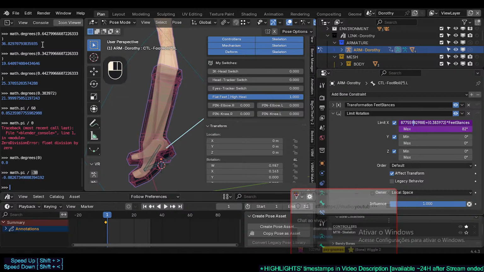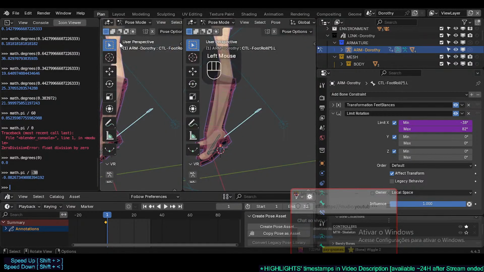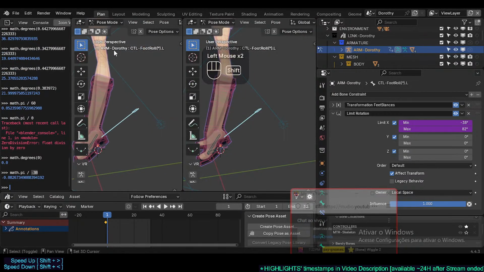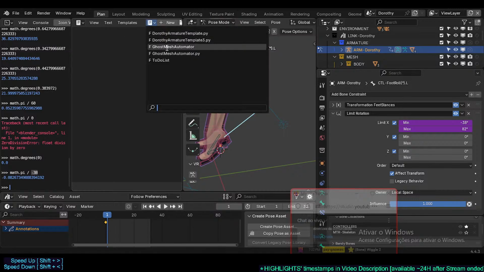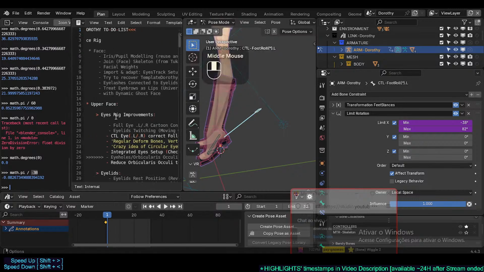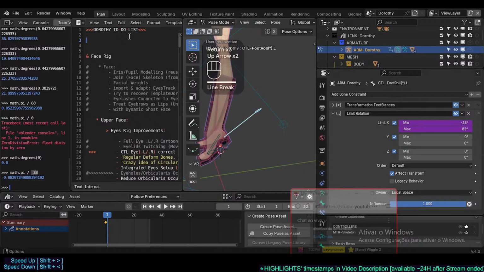I need a list, but I need another. I should have thought of this before. Shift 11, where is my... Okay, I'll make a collection here of these radians.